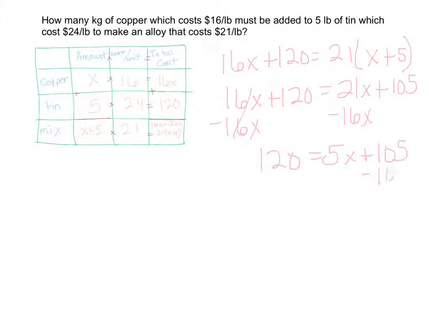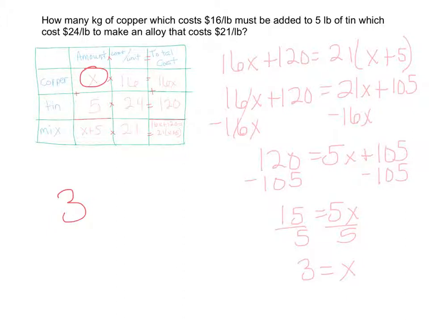Then we subtract 105. So 15 equals 5x. Divide by 5. 3 equals x. We're looking for the amount of copper, which is x. So x is again your answer.